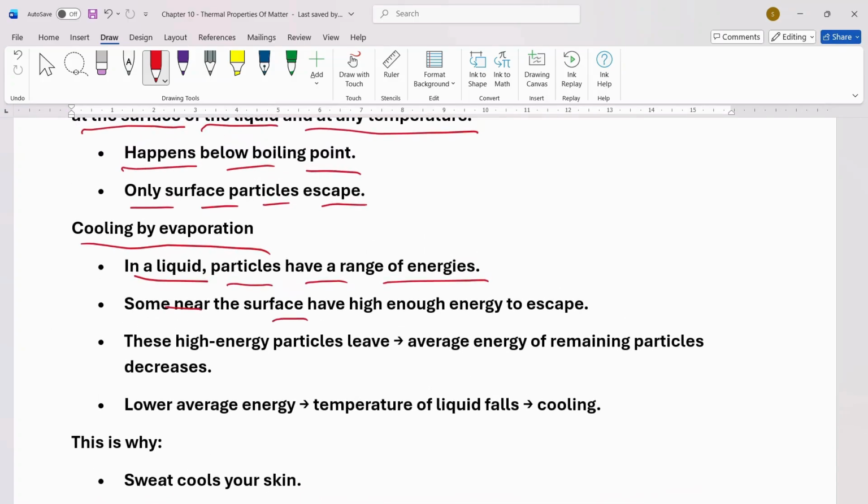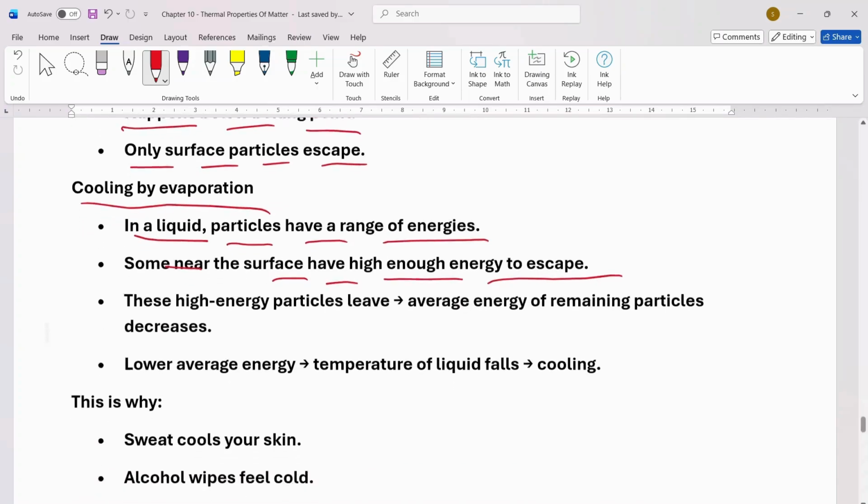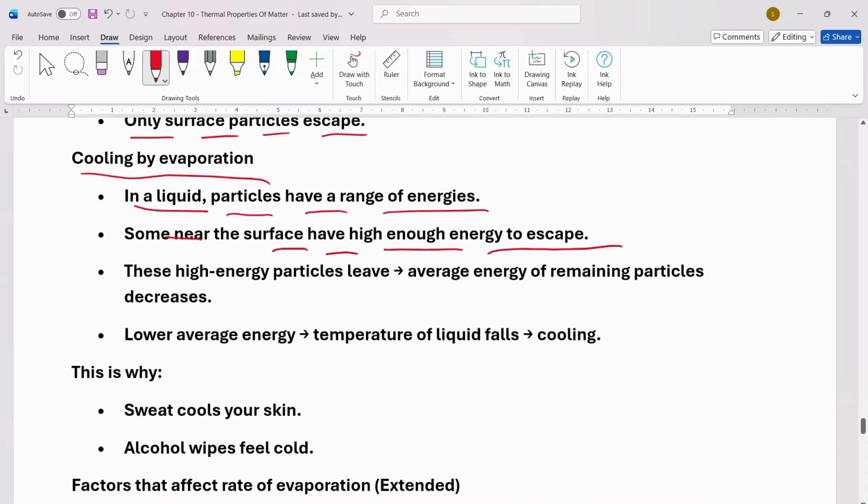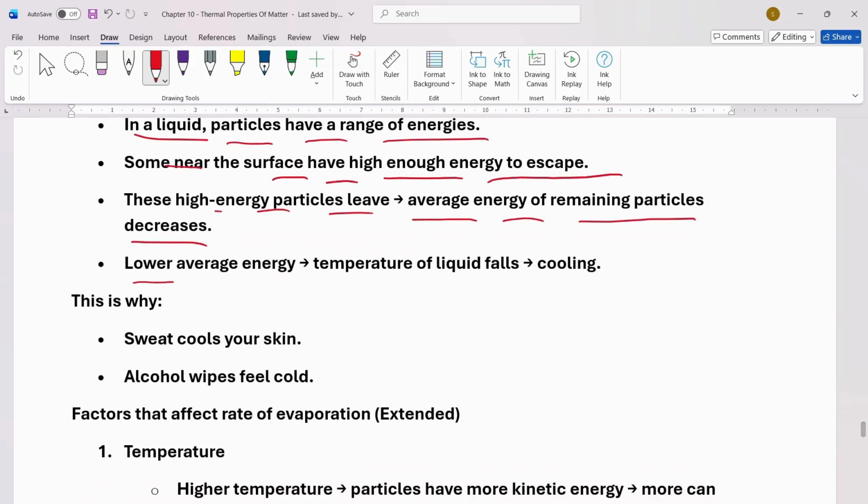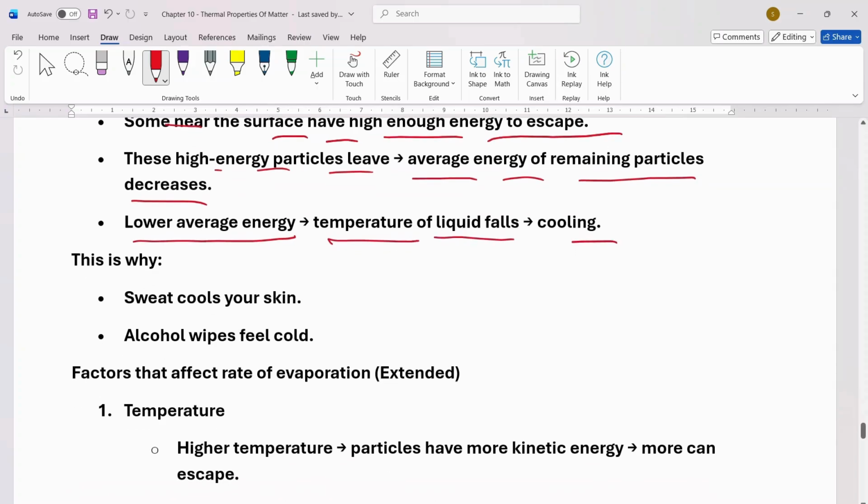Some near the surface have high enough energy to escape. These high energy particles leave. The average energy of the remaining particles decreases. Lower average energy means the temperature of the liquid falls and it cools down. This is why sweat cools your skin. Alcohol wipes feel cold.